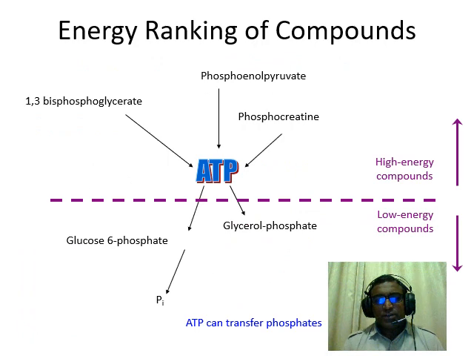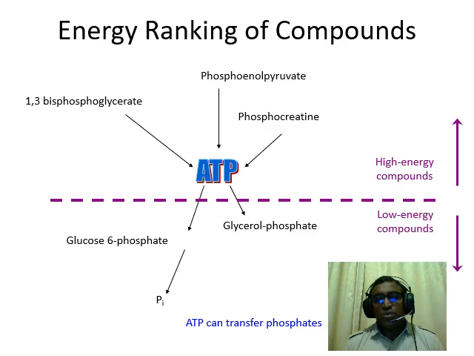This is just a diagram to show the energy ranking of compounds. As you can see here, what we just learned, phosphocreatine, is in higher ranking than ATP. So phosphocreatine, once it's broken down to phosphate as well as creatine, the high energy phosphate can be utilized in making ATP, and ATP in return can be coupled to any endergonic reactions, such as the glycolytic pathway, where glucose is converted to glucose 6-phosphate and requires ATP hydrolysis.